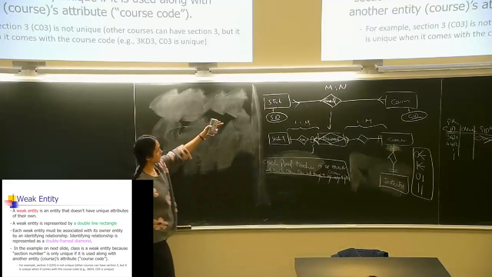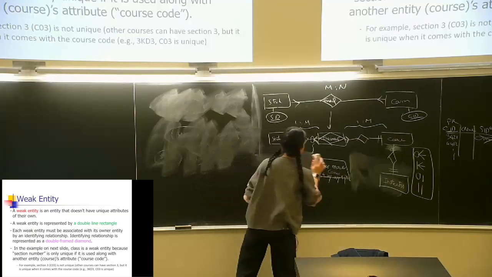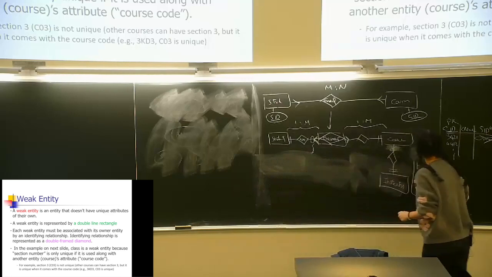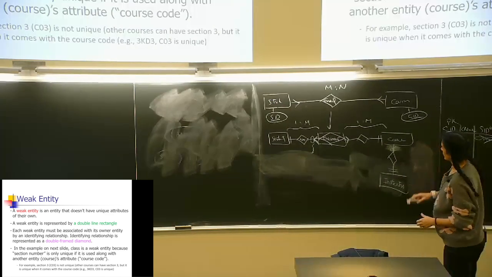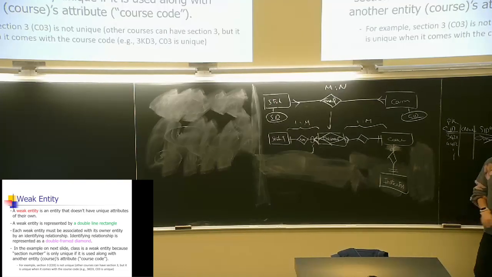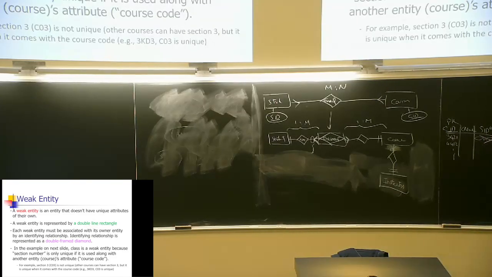We can even continue with the same model here. If I want to add course sections to my model, how do you represent that? Think of different ways.